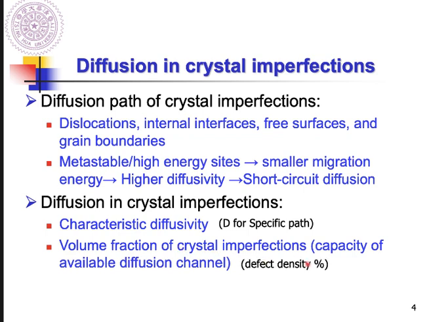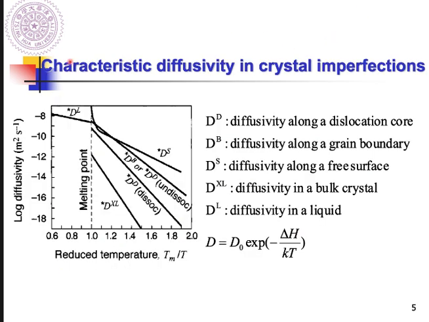So the defect density or defect fraction is quite important in this case. So let's talk about the characteristic diffusivity first. As I mentioned, characteristic diffusivity in crystal imperfections means we just point out the diffusivity along one diffusion path. So here we have a figure.